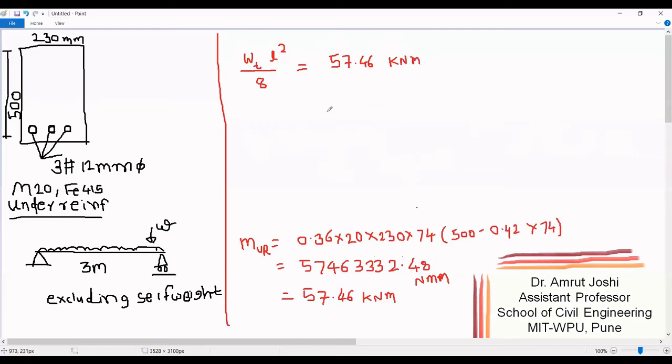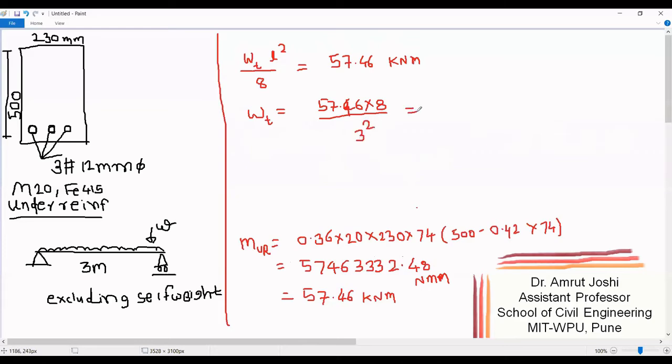Now, so therefore total UDL including self weight that this beam can support is going to be 57.46 multiplied by 8 divided by L square, but L is 3, so it is 3 square.